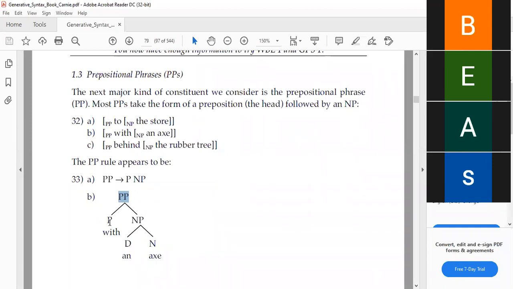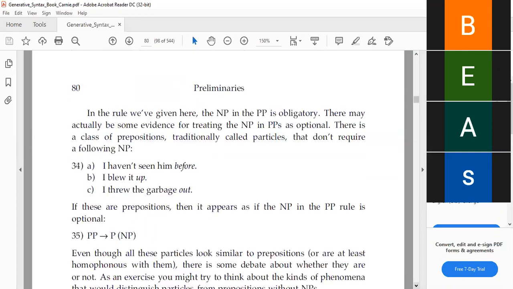A prepositional phrase is a phrase headed by a preposition. So the head is the obligatory element. So the obligatory element is the preposition. And then we have the NP, determiner, and noun. But is it the case that, syntactically speaking, we have an NP after the preposition?